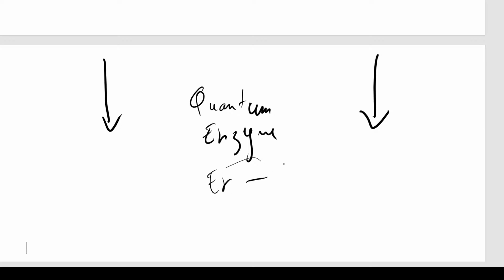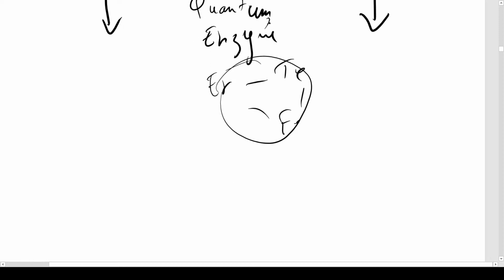You can make a quantum enzyme with erbium, tellurium, iron, like a cluster. Well, it's not the aim now. Let's continue the presentation.